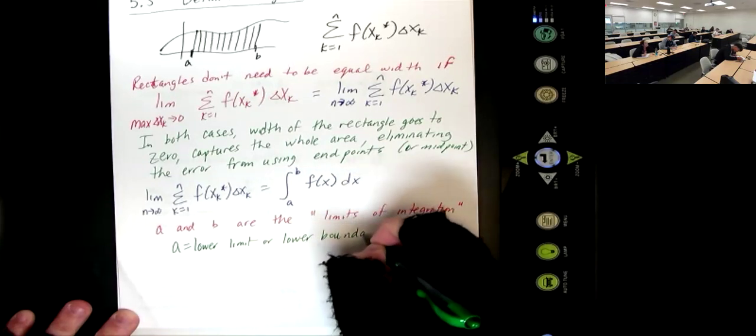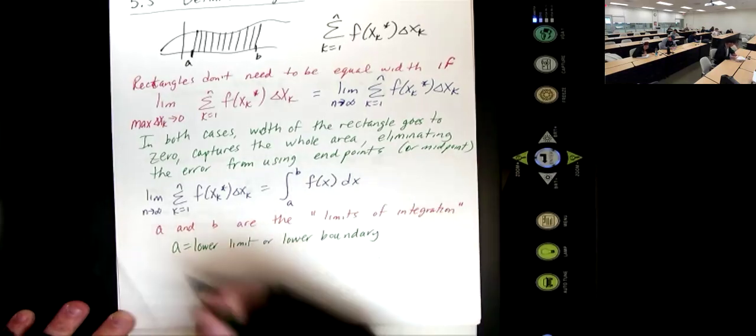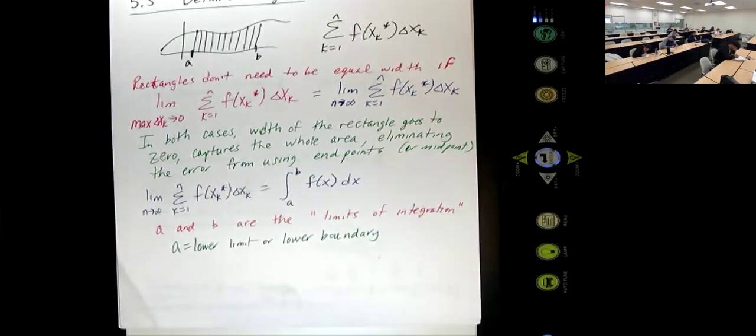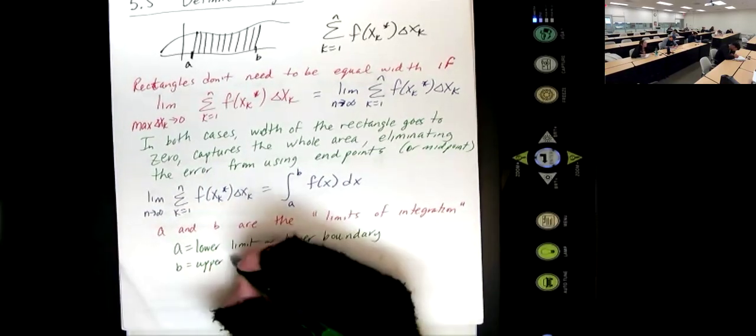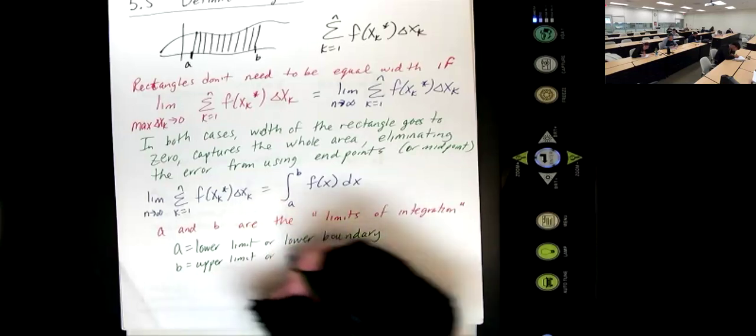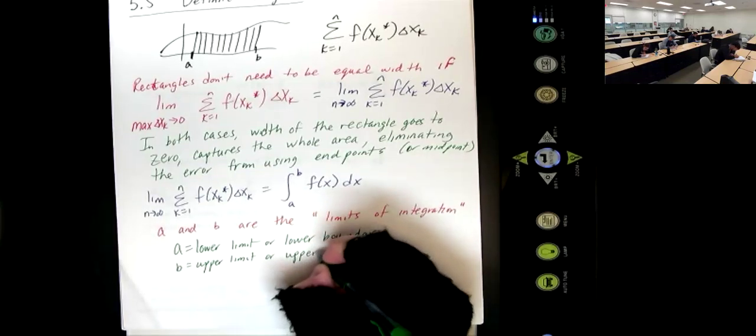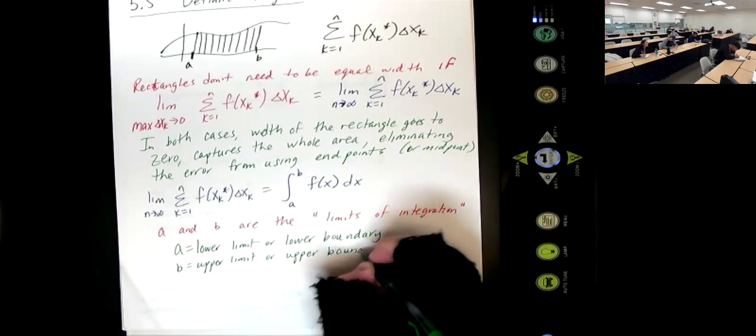Boundary is an easier way to think of it, because it's like you're fencing off your property. And B is the upper limit, upper boundary or upper bound, they often just call it bound.